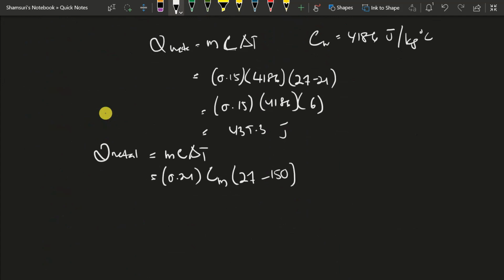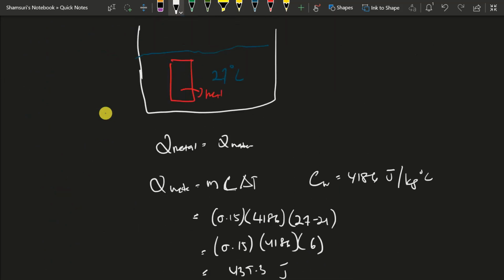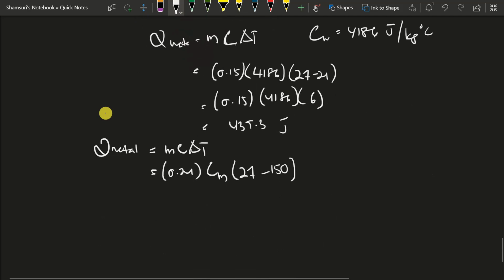Here the Q of the metal is negative because the heat goes out, not inside. So you can see that this Q metal is negative Q water, because the heat going out from the metal is negative, but the heat going inside the water is positive. That's why here it is minus.